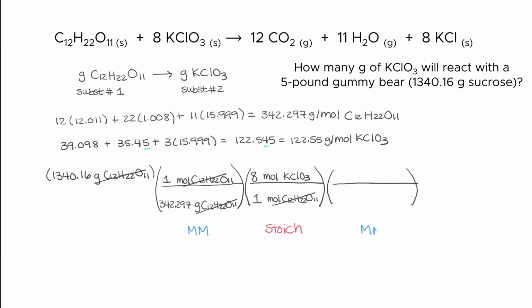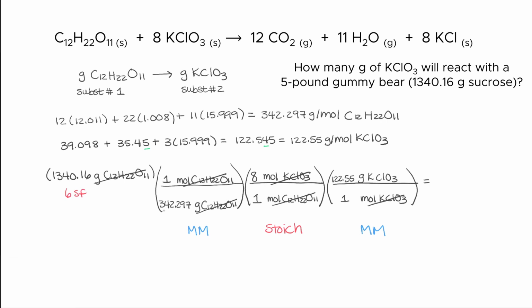Since we have moles of KClO3 already in the numerator, then in this conversion factor, moles of KClO3 will go in the denominator. That means grams of KClO3 will go in the numerator. The values then are 1 mole and 122.55 grams. We'll cancel our units and then check our sig figs.